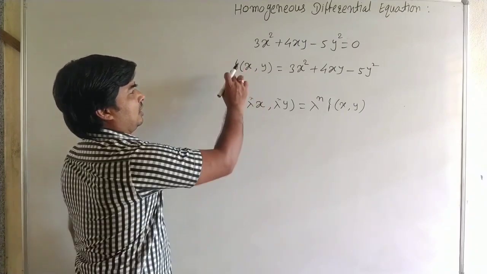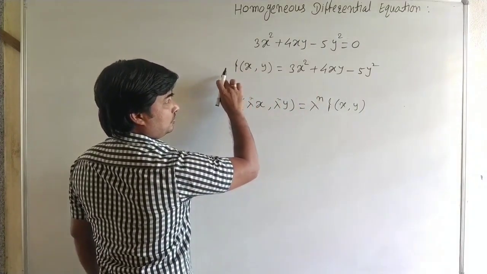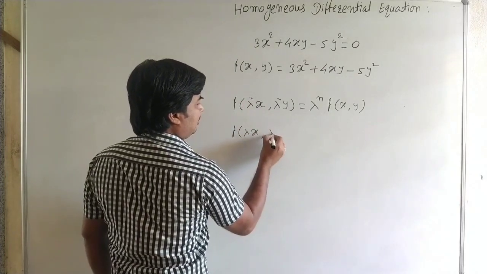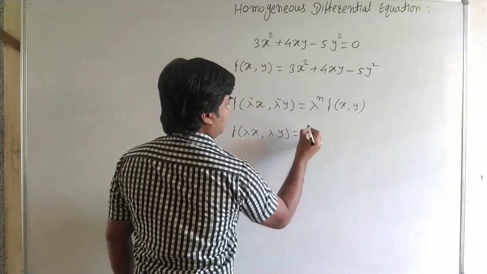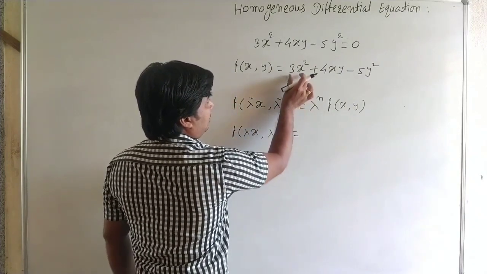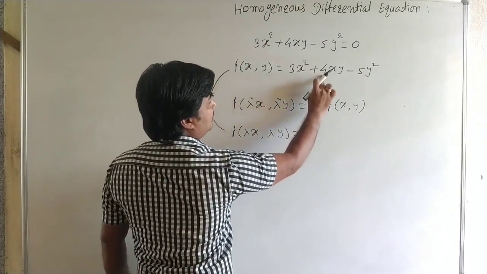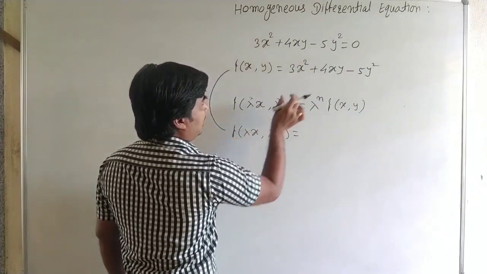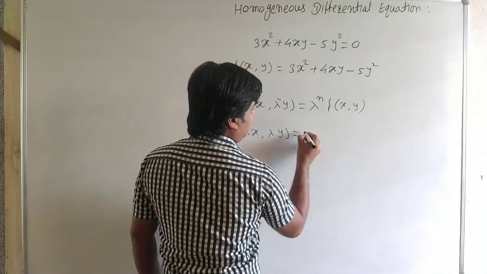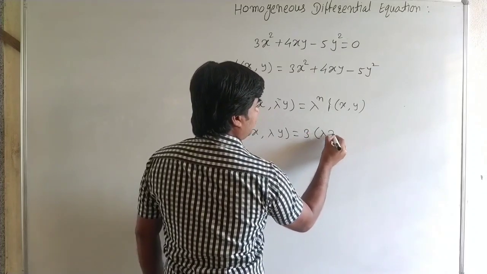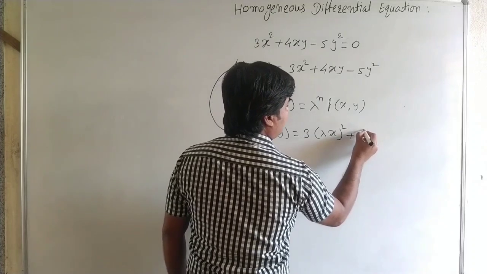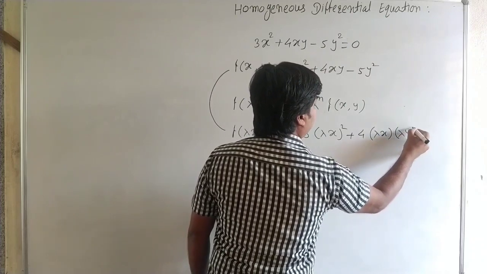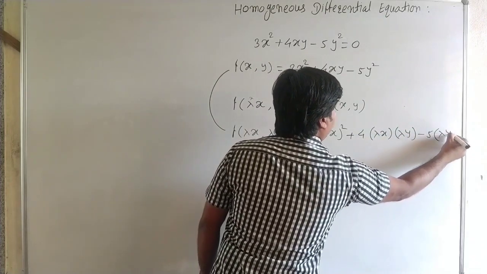Now we see this example. We write f of lambda x comma lambda y. Our homogeneous function is 3x square plus 4xy minus 5y square. Replace x by lambda x and y by lambda y. Then we get 3 into lambda x whole square plus 4 into lambda x into lambda y minus 5 into lambda y whole square.